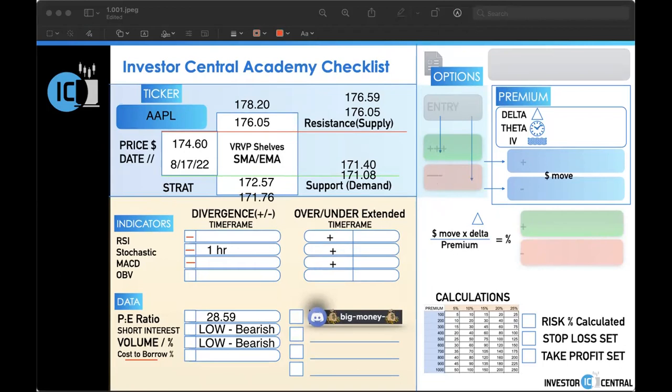Okay. I'm going to copy it in here. Actually, hold up. Let's pull up just the puts because that's what we're looking at anyway.